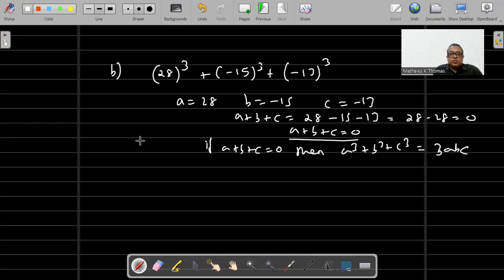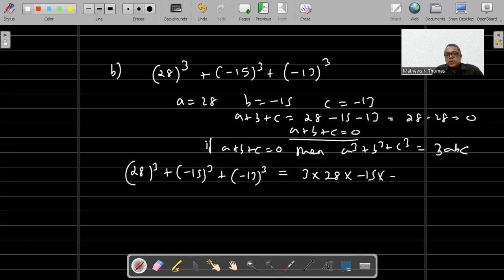So I need not cube this. I will get 28 cube minus 15 cube and minus 13 cube as 3ABC, that is 3 into 28 into minus 15 into minus 13. The reason is that A plus B plus C is 0.